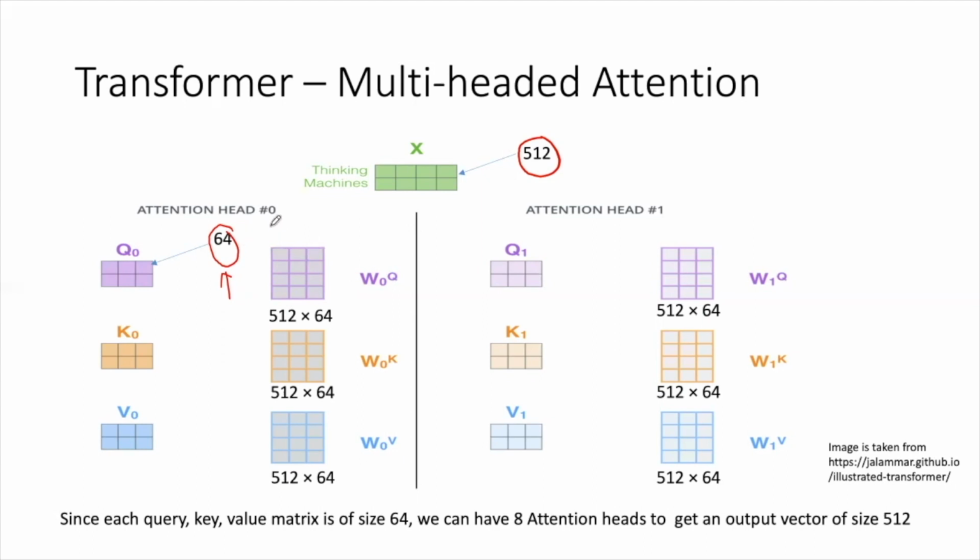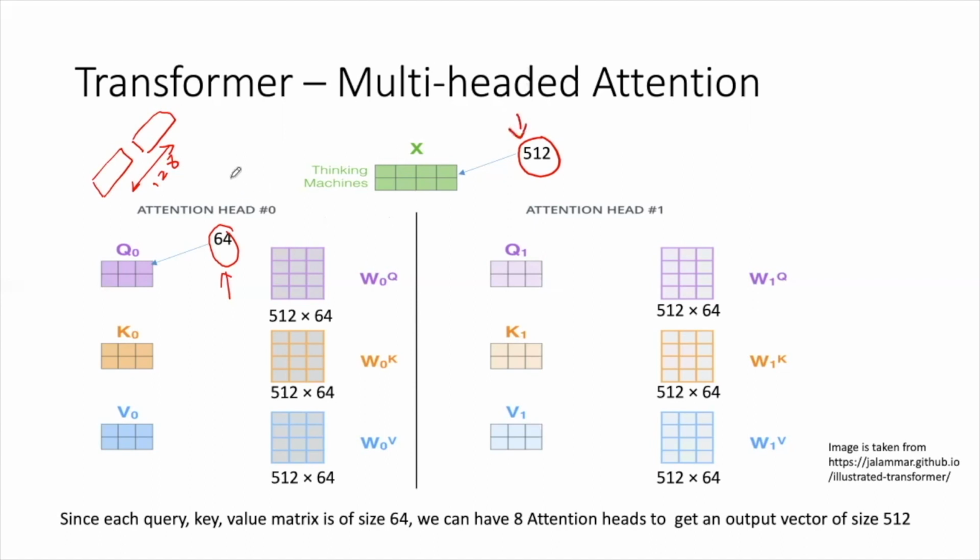Let's say you concatenate two vectors of 64 dimensions, you get a combined vector of size 128. Similarly, if you concatenate eight such vectors, you'll get a contextual embedding of size 512.